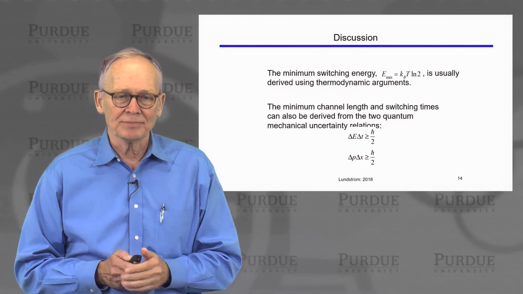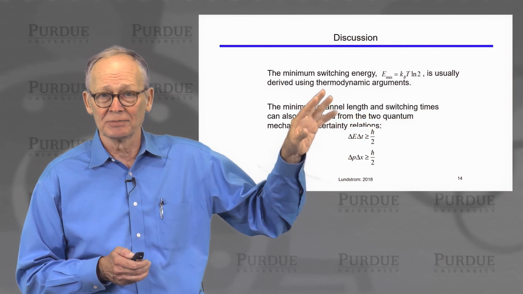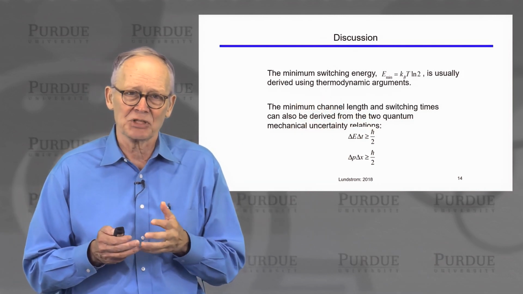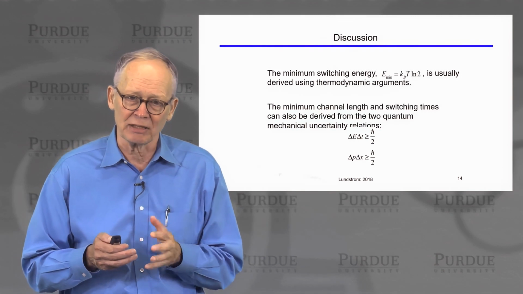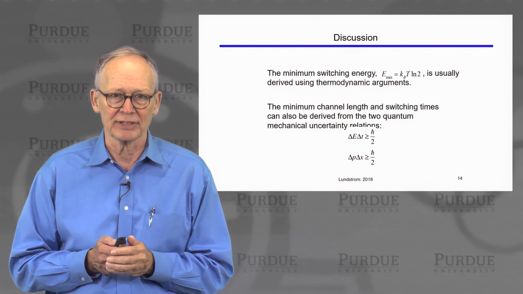Okay. Now, as I mentioned earlier, the minimum switching energy from our simple sort of hand-waving argument can be done in a much more fundamental way using thermodynamic arguments, but the same answer results. kT log 2 is the minimum switching energy.